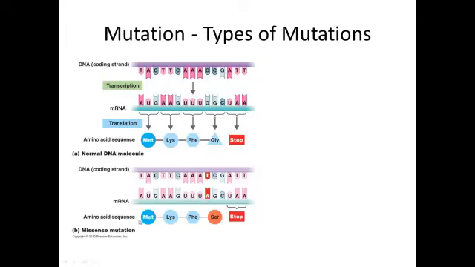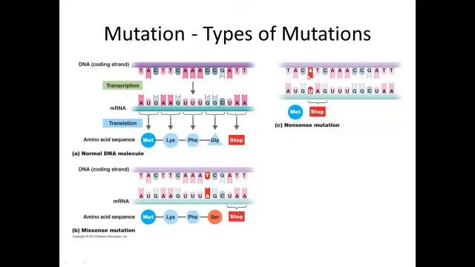There is a change in the amino acid sequence. We went from a glycine to a serine. This is a missense mutation. It's kind of like misspelling a word. I'm still making a protein. I still have a sentence that mostly makes sense, but I've got a misspelled word in it.